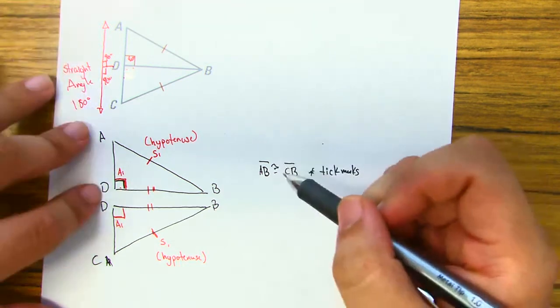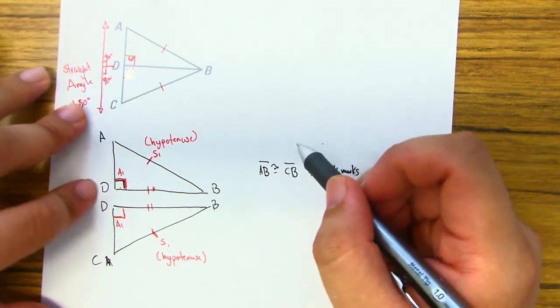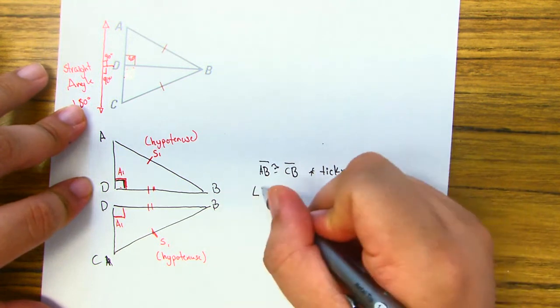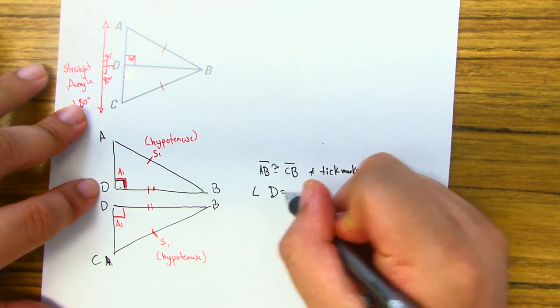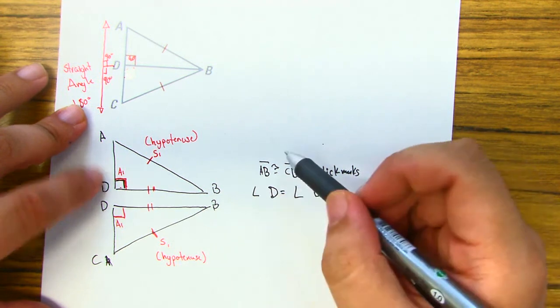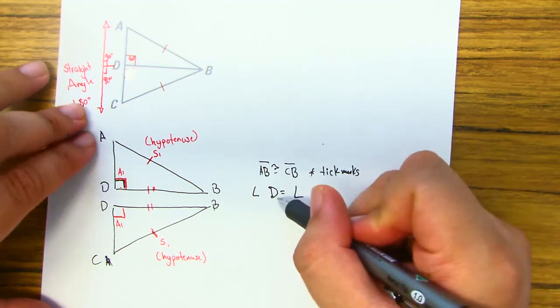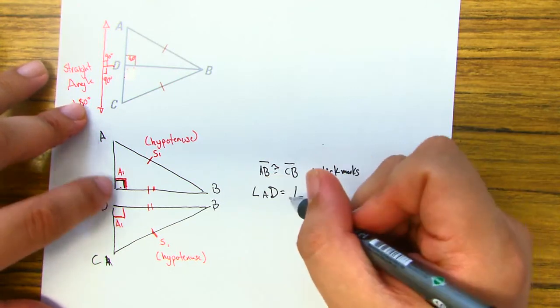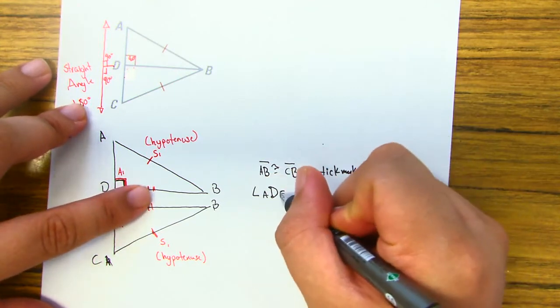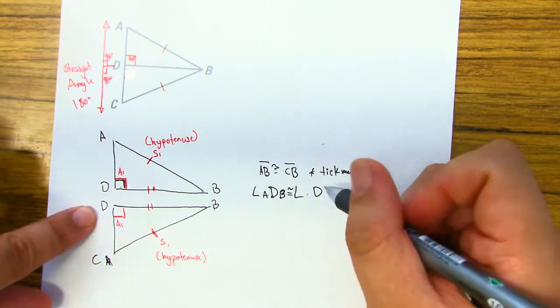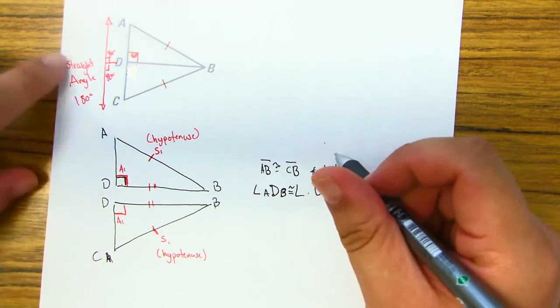And here you can say that angle D is congruent to angle D. But don't forget that this angle D has the ray DA, and this angle D has the ray DB as well, and it'll be congruent to angle D here. How do I know they're congruent? Once again, a straight angle.